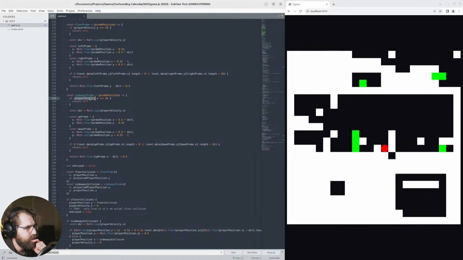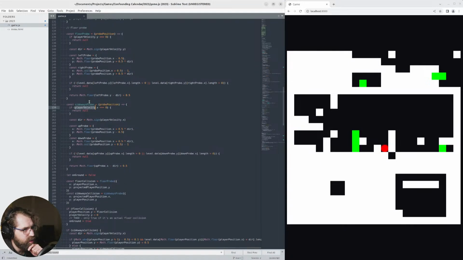I mean, why not? It's working currently. So do I just want to completely make this generic? So I pass it a direction? Yeah.